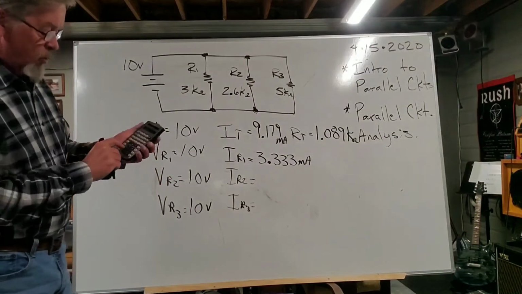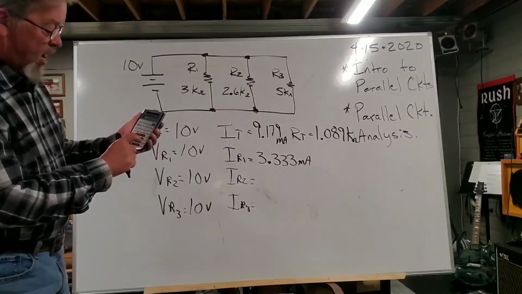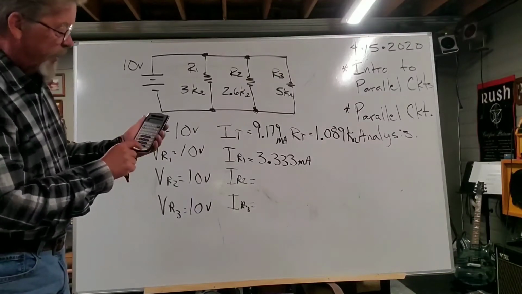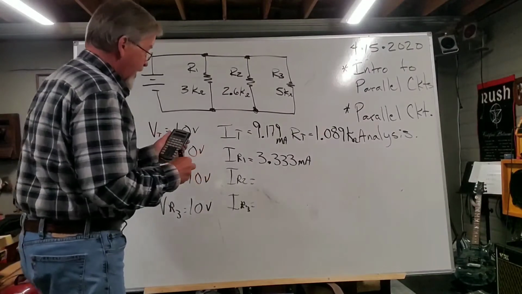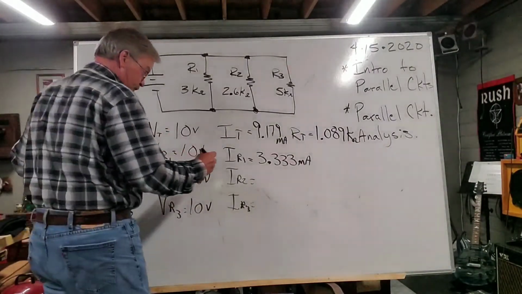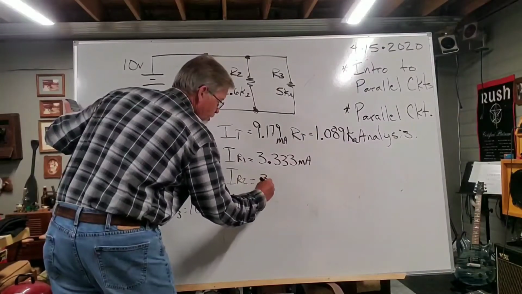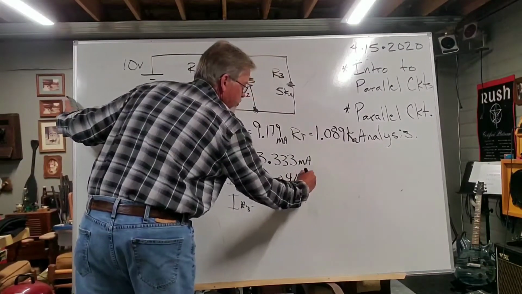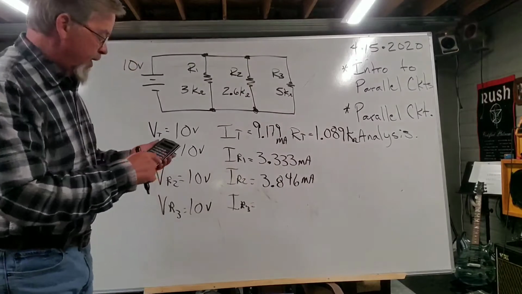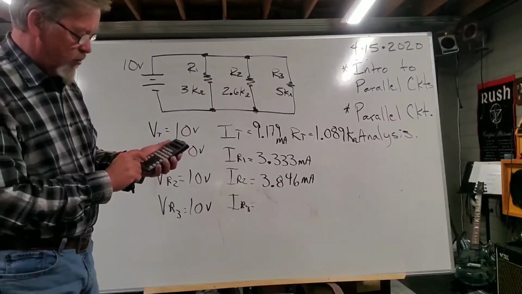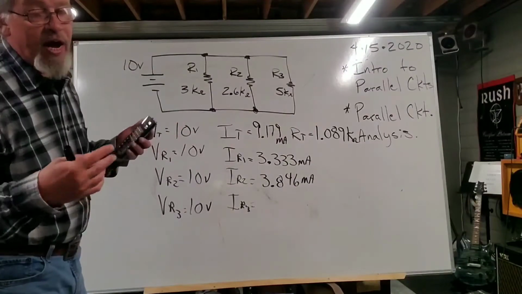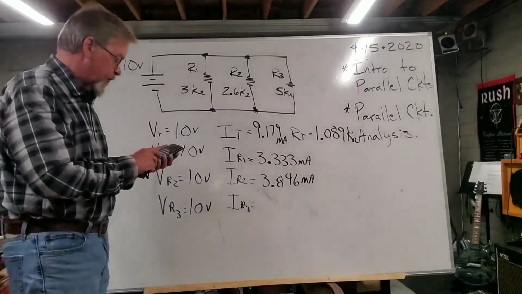So that's 10 volts divided by 2.6 EE3 equals, and that gives me 3.846 milliamps. And then we take the last one, 10 volts, divided by the 5K. 10 divided by 5, of course, is 2 milliamps.